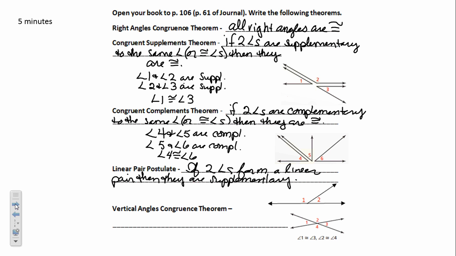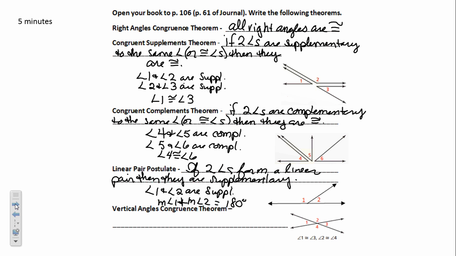So these guys have to add up to 180 if they're supplementary. So angle 1 and angle 2 are supplementary, which means that the measure of angle 1 and the measure of angle 2 add up to 180. Okay?